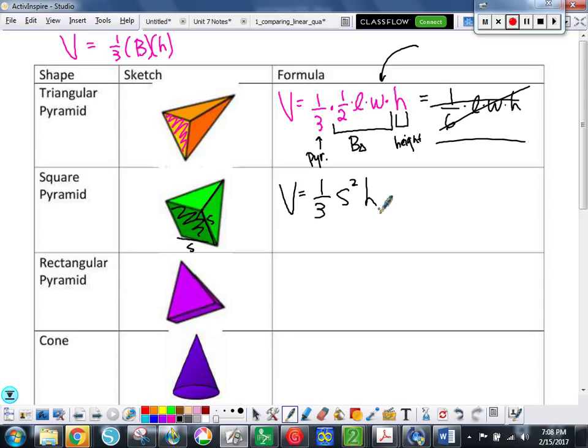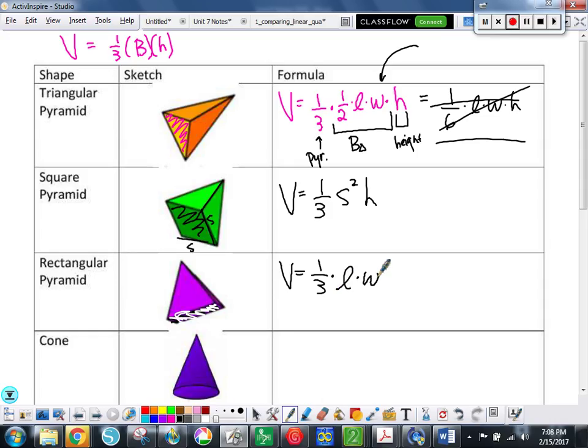Okay, let's look at the rectangle down here. The formula for the volume is 1/3 because it's a pyramid times the, how do you find the area of a rectangle?